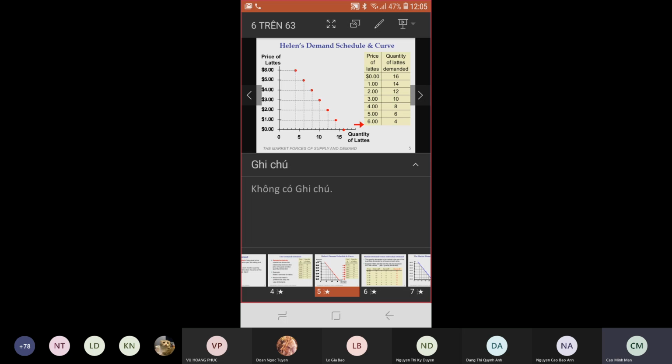The first point I just showed you, and the last point: $6, and demand is just 4. Listen carefully. With just 2 points, just 2.